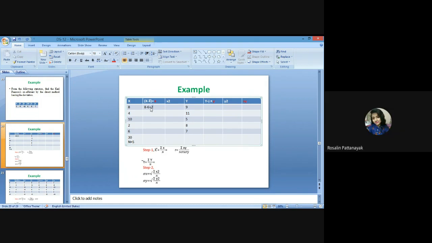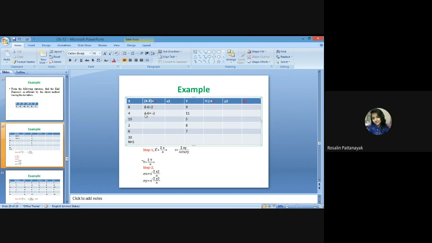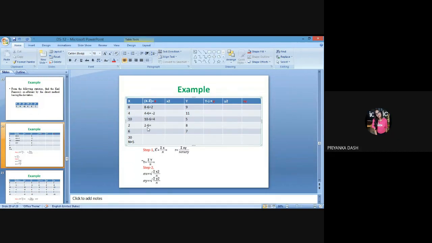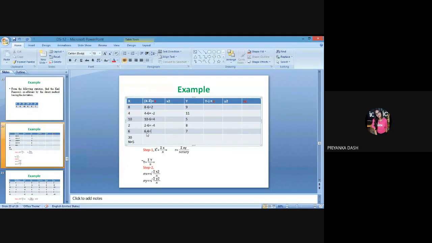Next one is 4 minus 6, that equals minus 2. For the third row, 10 minus 6, that equals 4. Similarly, for the next row, 2 minus 6 equals minus 4. And the last one is 6 minus 6, that equals 0.